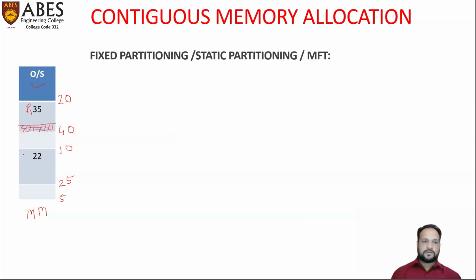And there is one more process, P2, which is of size 22 MB. This cannot be accommodated here as it is of 10 MB size. Here it also cannot be accommodated as it is 5 MB in size. So the best place would be the 25 MB block, and the remaining portion of this block will be left blank.